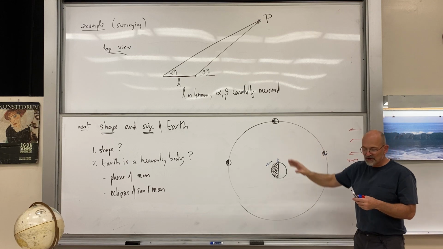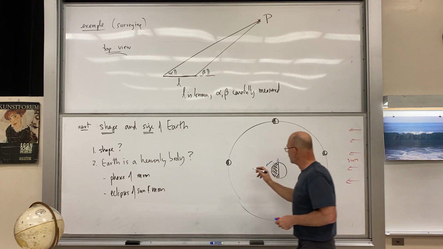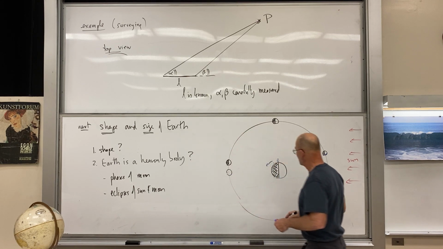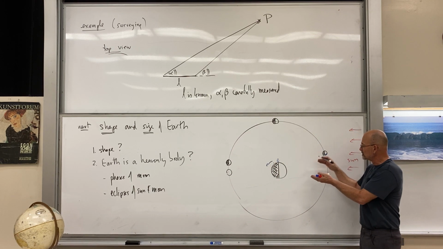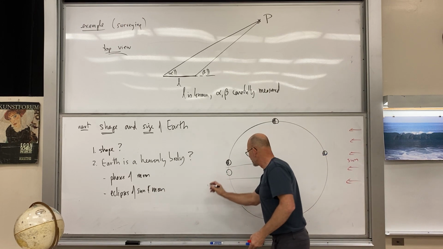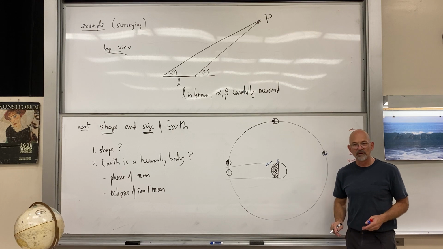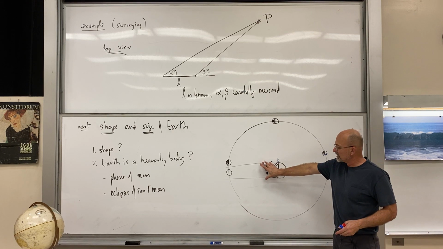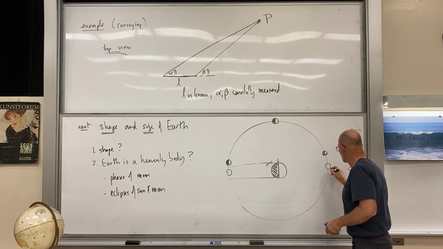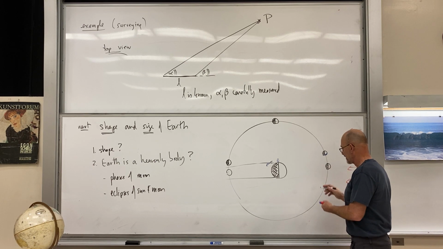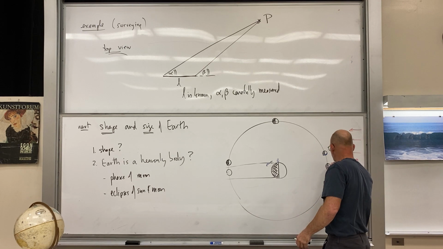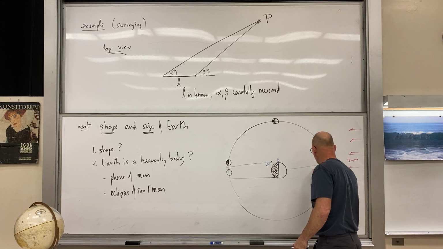Now, if a moon is right here, then the shadow cast by the Earth is cast over the moon, and then the moon is actually in the dark. If the moon were right here at sunset, it will cast a shadow on the Earth. And in fact, because the sun isn't at an infinite distance, it casts a shadow that's kind of a point.